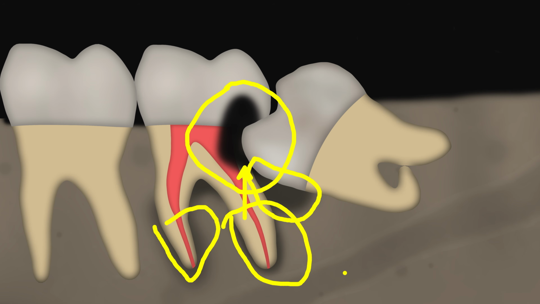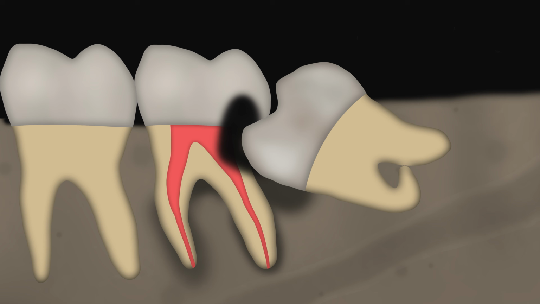It all implies that there is a pulpal involvement of the decay in the second molar, and also the third molar is impacted. So in this clinical scenario, what are all the treatment options that will come to our mind?